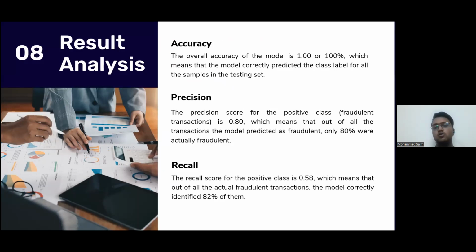The precision is 0.8, which means that it was able to predict 80% of the transactions as fraudulent. And the recall for the positive class is 0.58. If we see the overall weighted score, it was actually able to identify 82% of them.